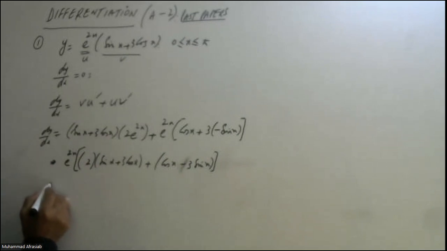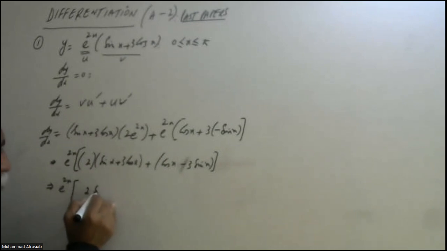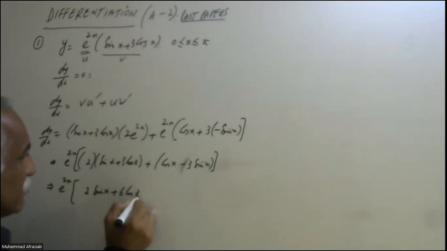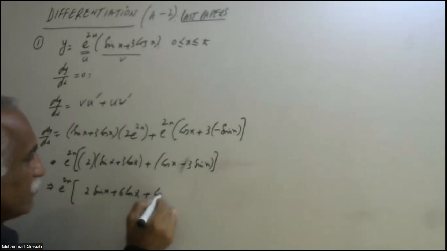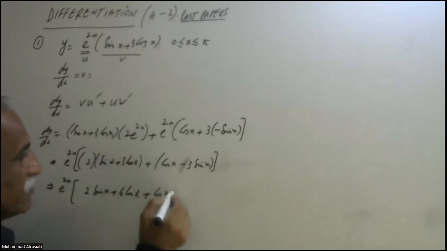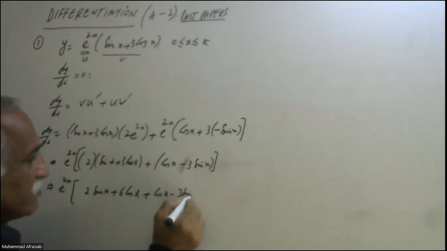That thing is equal to e power 2x, 2 sin of x plus 6 cos of x plus cos of x minus 3 sin of x.